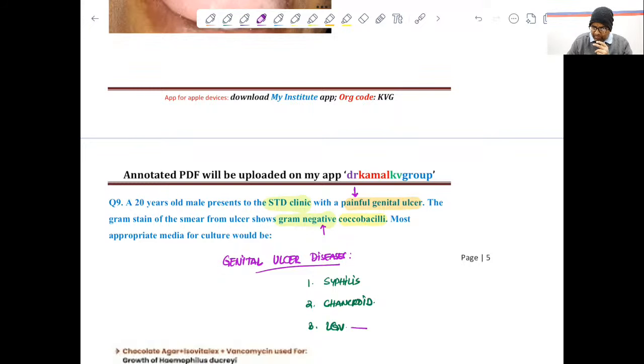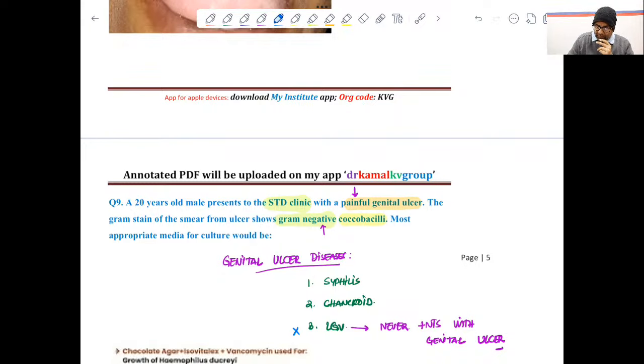But LGV never presents with ulcer, because by the time the patient notices the disease, the ulcer stage has already gone. The patient always comes with enlarged lymph nodes, so this can be excluded here.